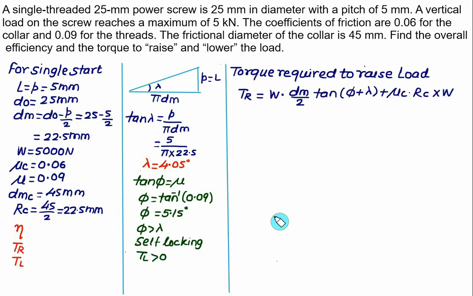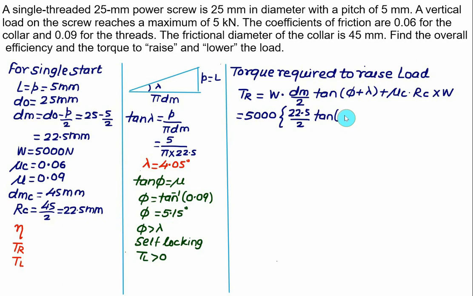First we will find out how much torque is required to raise the load, which is given as the load W multiplied by dm by 2 multiplied by tan of phi plus lambda, plus mu c into RC into W. So we have W common here, so we write 5000 into dm by 2. Dm by 2 is the same as 22.5 divided by 2, into tan of phi plus lambda.